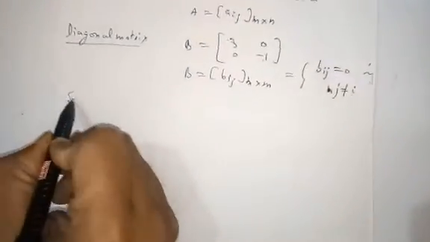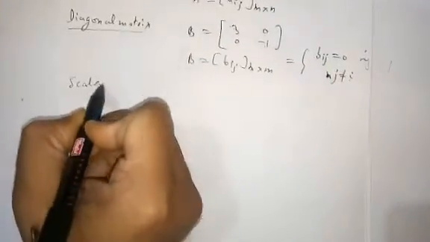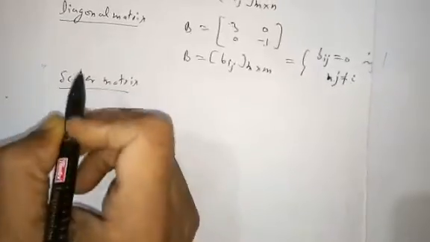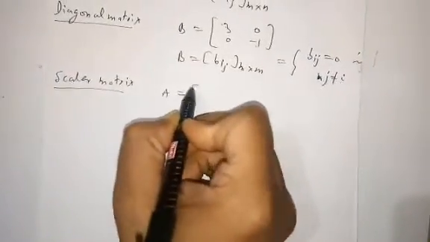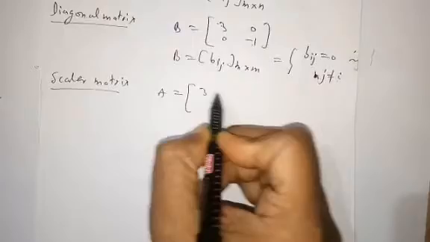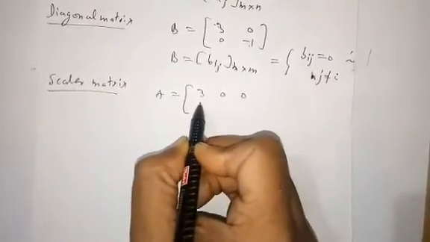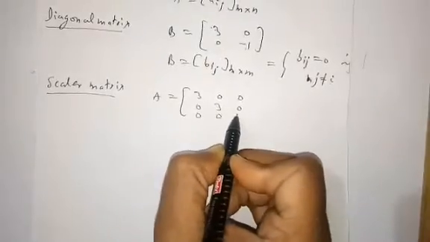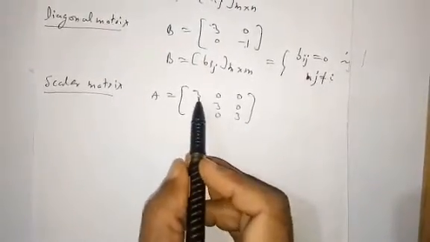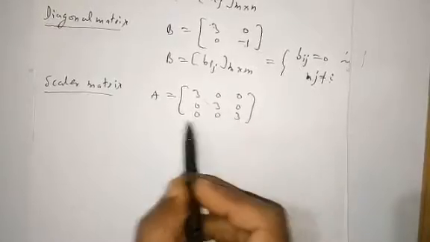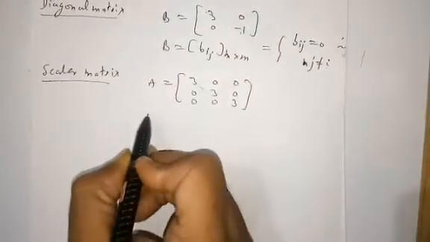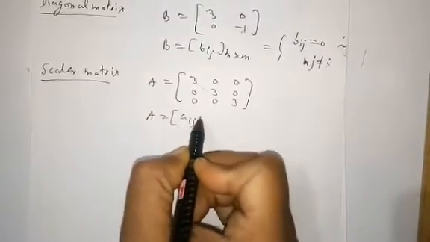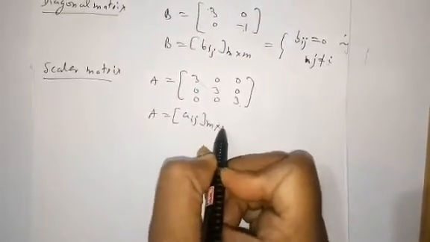Next is a scalar matrix. In a scalar matrix, the principal diagonal elements are 3 in this one, and in the non-principal positions there is 0. So generally we write a scalar matrix like this: Aij, m cross m.